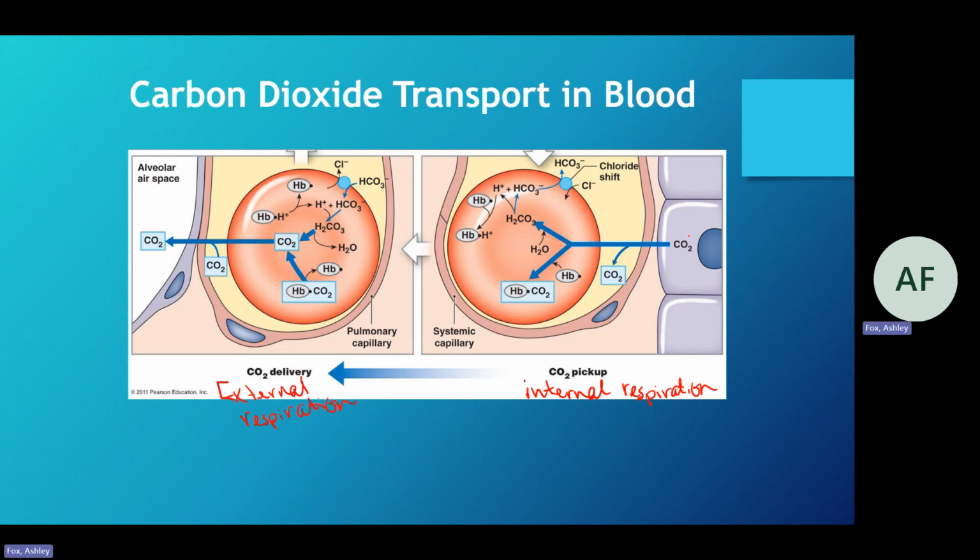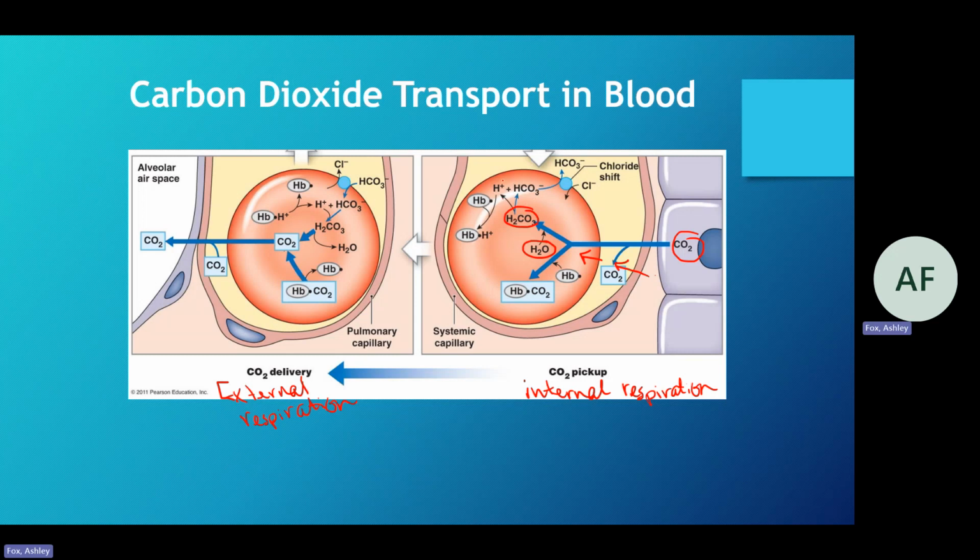Overview. Carbon dioxide is made by the tissue cells into the interstitial fluid, goes into the capillaries, and then goes into the red blood cells. You add water to it, and you get carbonic acid through carbonic anhydrase.